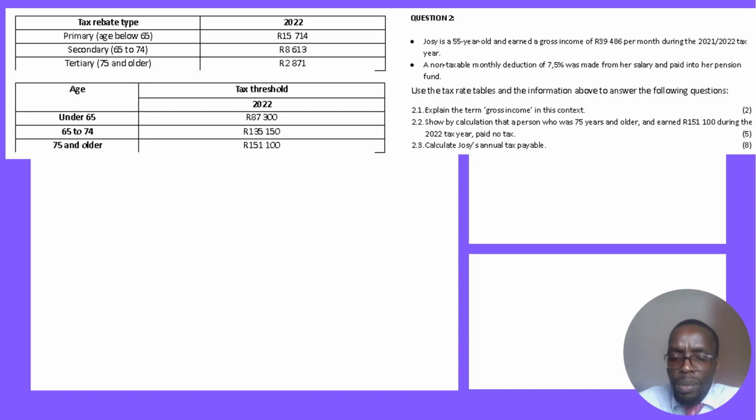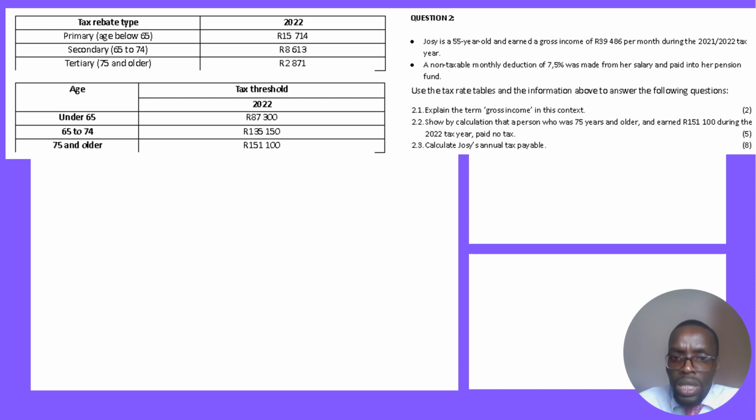A non-taxable monthly deduction of 7.5% was made from her salary and paid into her pension fund. So remember, we said pension fund is non-taxable. In other words, it has got to be subtracted before we calculate the value that is supposed to be paid as tax.